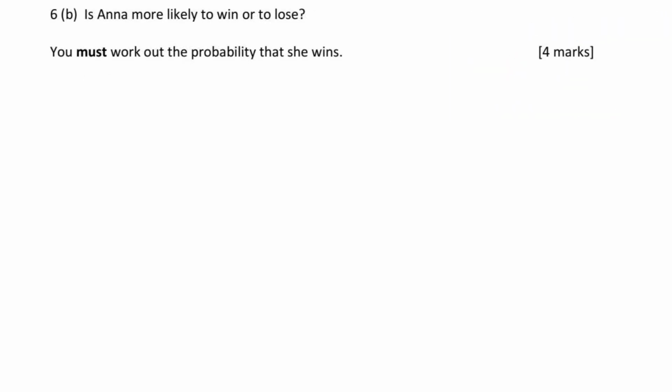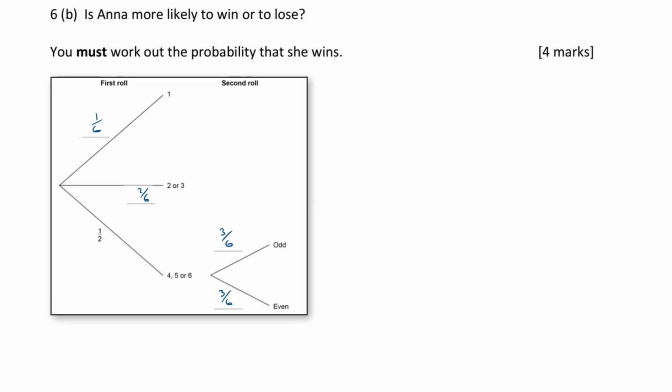Is Anna more likely to win or lose? You must work out the probability that she wins. Okay. So winning then is either that she wins on her first roll by going down this route, that's a win, or if she rolls an odd number on her second roll, so if she goes this way, down here and then up here.